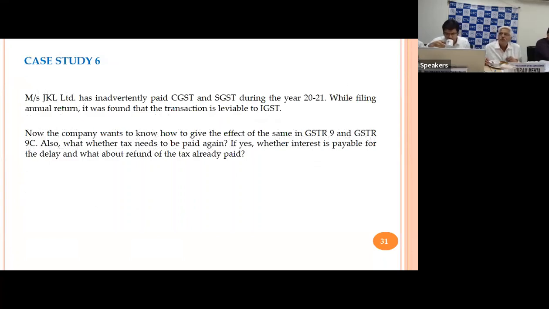So the first question will be whether I should report in my GSTR-9C as a corrected IGST transaction or continue with CGST and SGST. I think that will be the first thing. Thereafter, the payment of taxes and the refund will flow. In order to get my refund, I would be of the view that I should show this as an IGST transaction, irrespective of the fact that this has been reported as CGST and SGST in my 3B and GSTR-1.